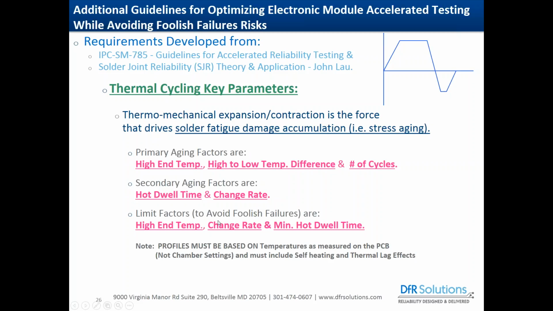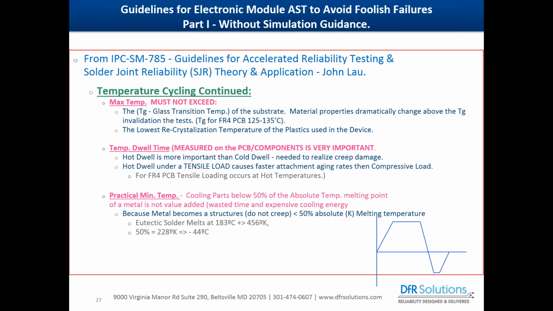And these all have to be based not on the temperature profiles of the chamber, but on how the temperature changes and values are experienced inside your electronic product at the circuit board and its components. So additional information on this thermal cycle optimization is that you need to select a maximum temperature that does not exceed the glass transition temperature of the circuit board substrate material.